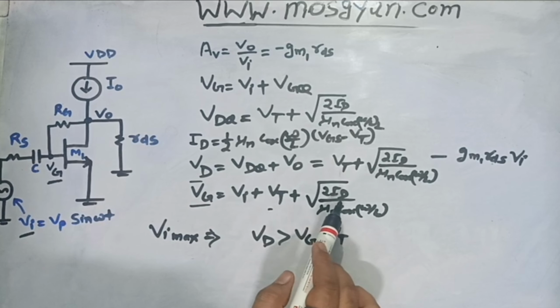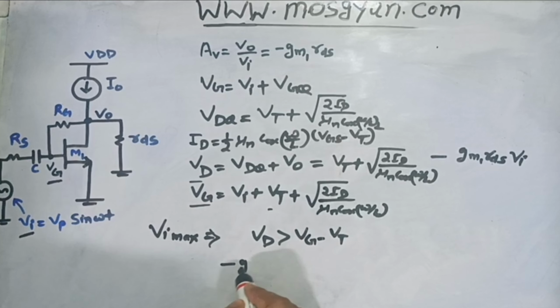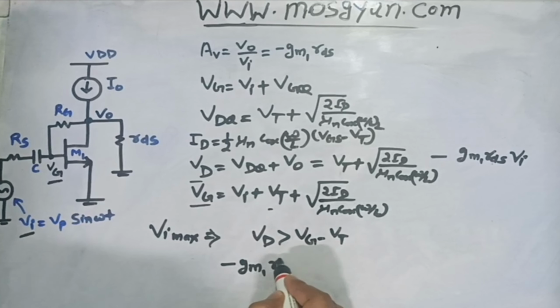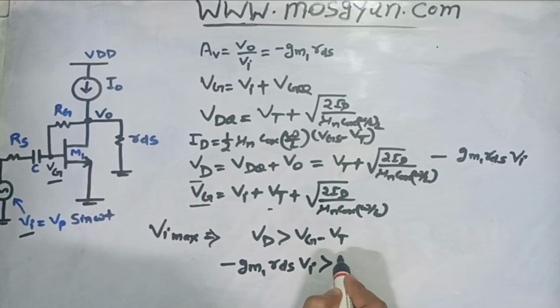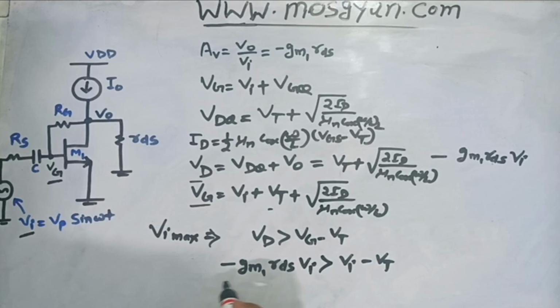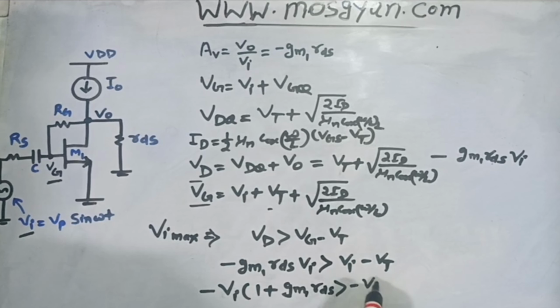So ultimately what I will get is minus Gm1 Rds into Vi should be greater than Vi minus Vt. If I bring Vi to the left hand side, I will ultimately get minus (1 plus Gm1 into Rds) Vi should be greater than minus Vt.